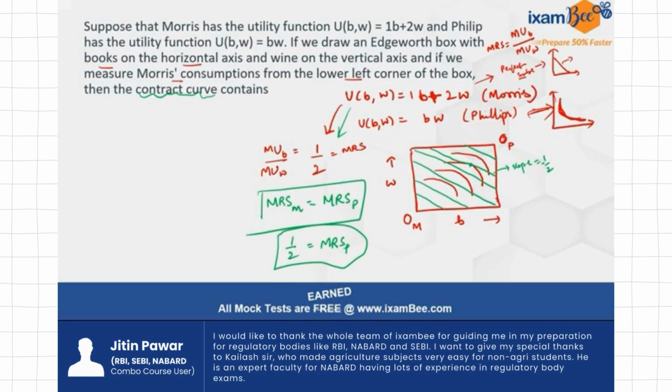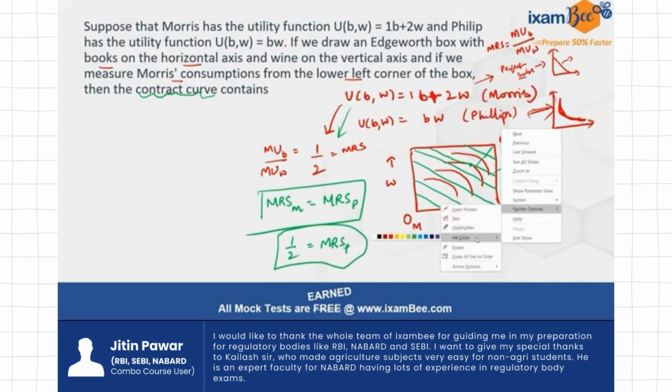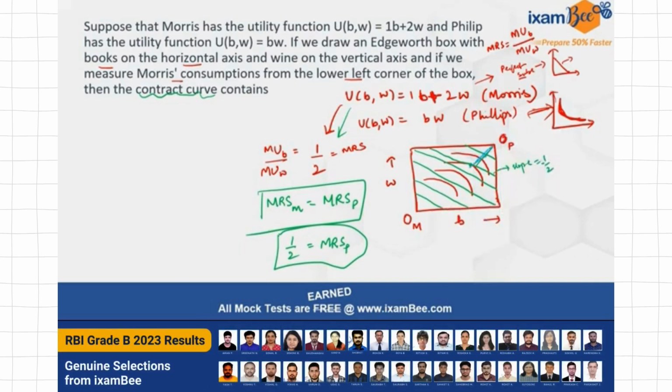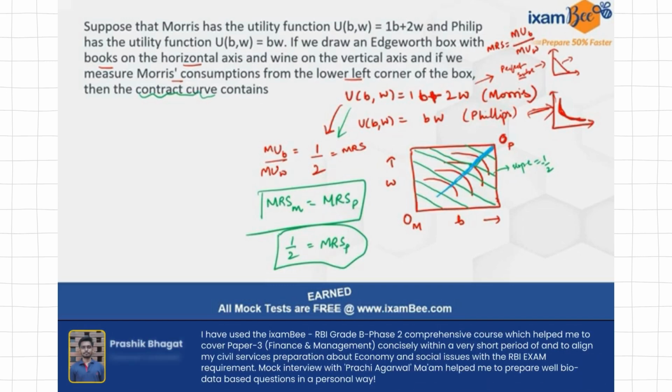So basically you will get a line which starts from this side, the origin of Phillips, and it has a slope of half, right? Because only at half slope are the ICs of Phillips going to be tangent with the IC of Morris, right?